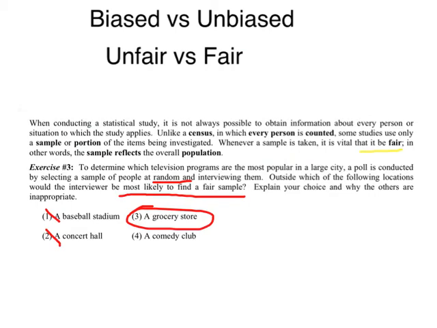So that's not going to give you a fair sample. That is a great explanation of what gives you a fair sample and what does not. One of the key words in this exercise, number 3, that is important for a fair sample is random. I am choosing all these people at random. However, where I choose them is also just as important.